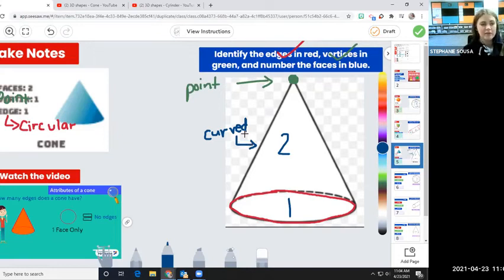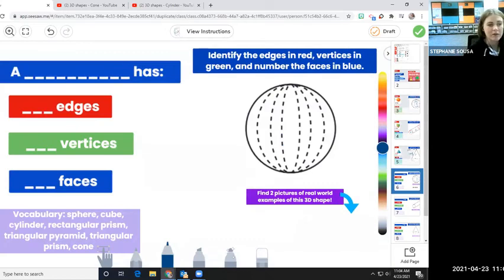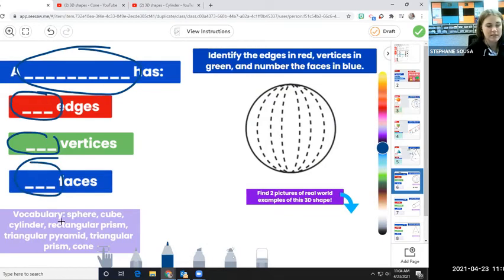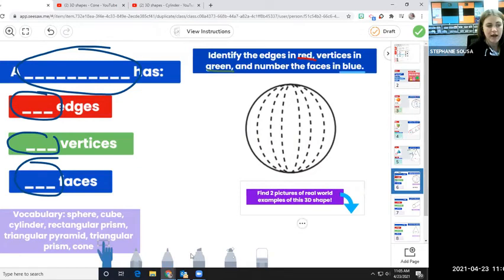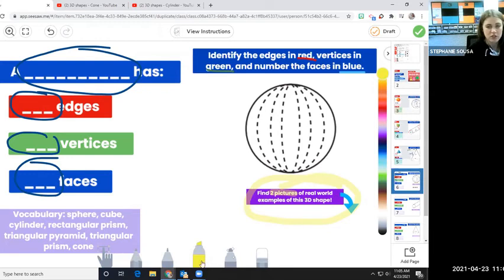Your task today is going to be to describe these shapes by their name, the number of edges, vertices, and faces. You are also going to use your red, your green, and your blue coloring tools to identify those parts on the model. Finally, you will be finding pictures of real-world examples of this shape.